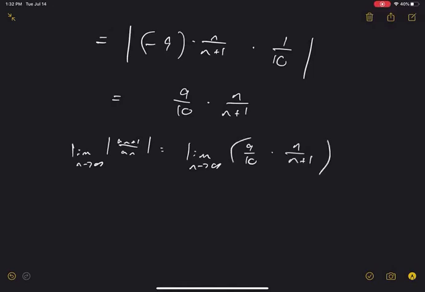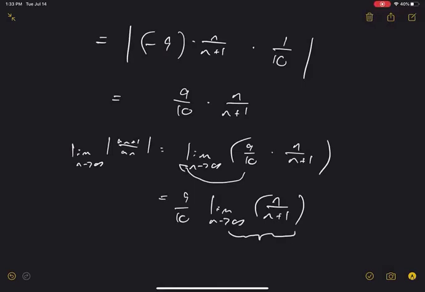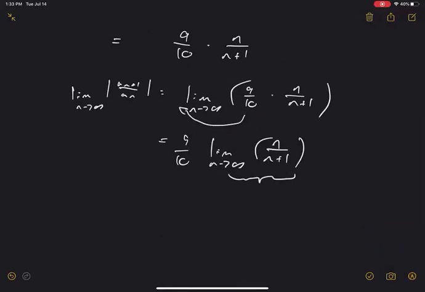Remember, I can bring constants outside the limit. Then I ask myself, what is this limit? That limit should be equal to 1, so I should have 9 over 10.